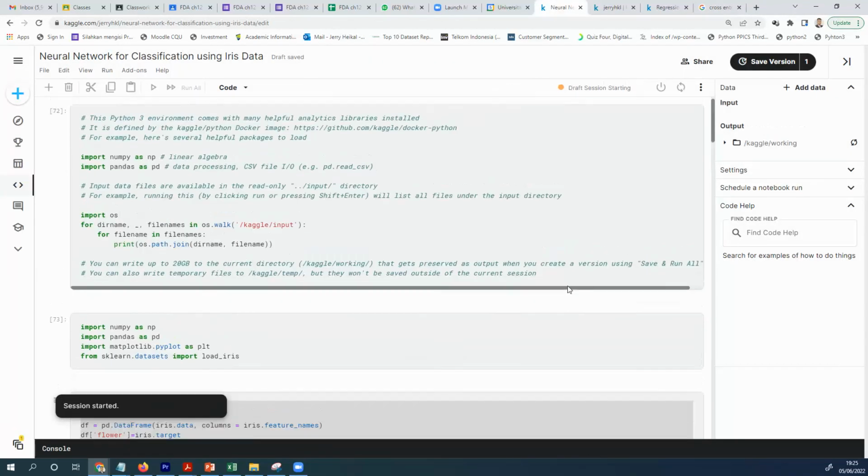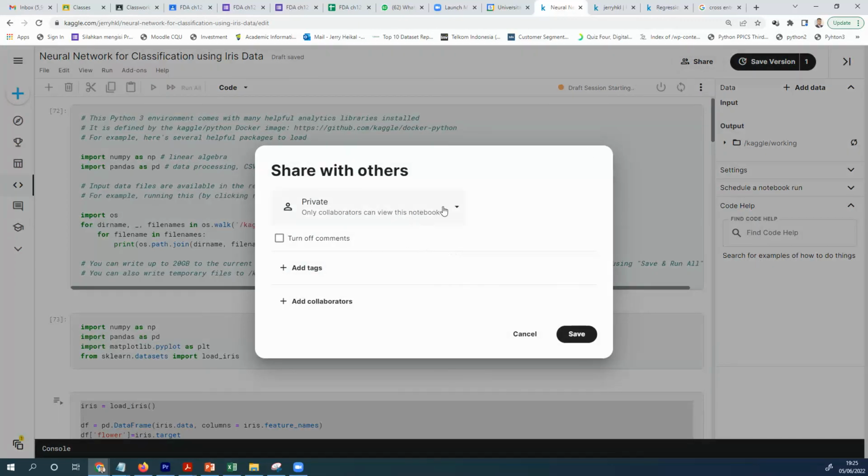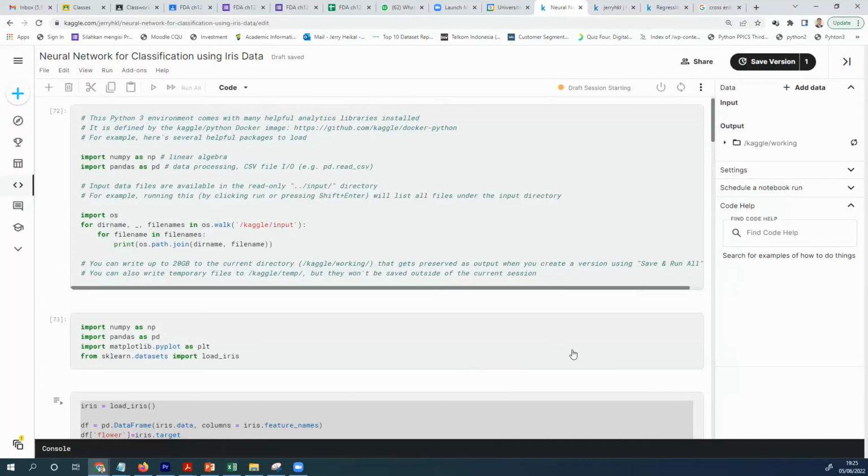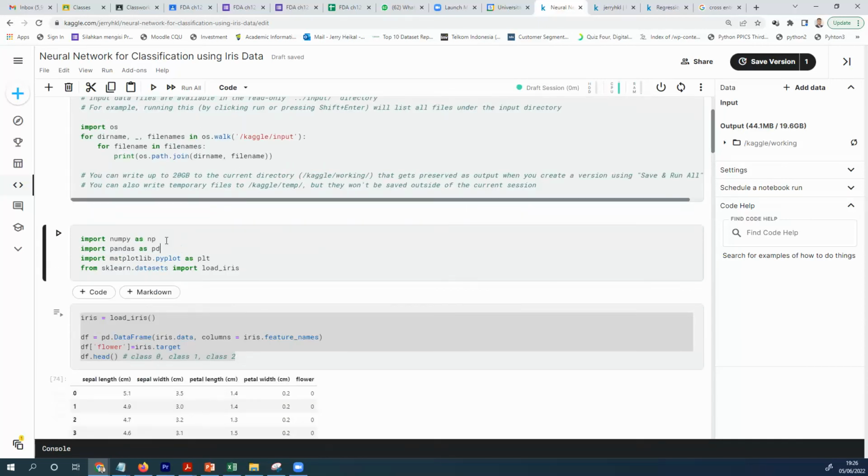Okay, so here we are in Kaggle. Let me share. So, for the neural network for classification, I use the iris dataset. As usual, we import NumPy, Pandas, Matplotlib, and scikit-learn.